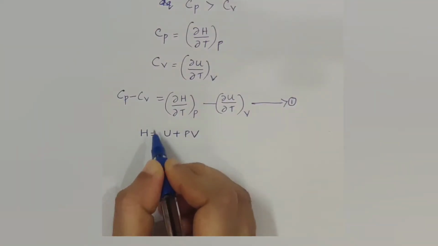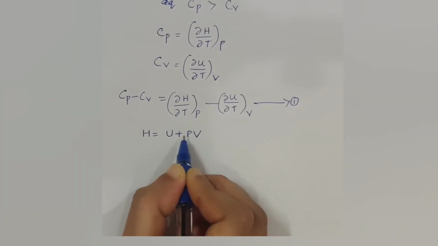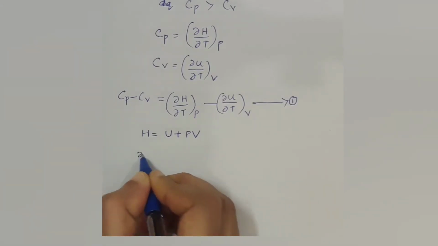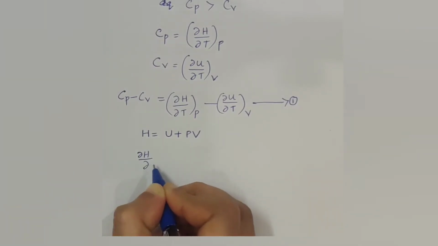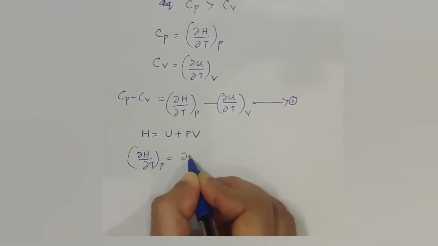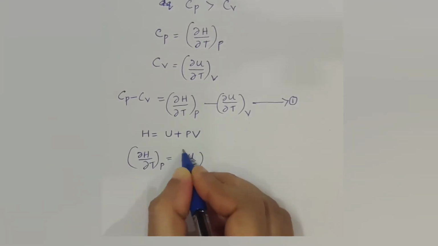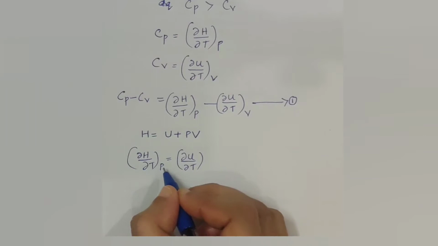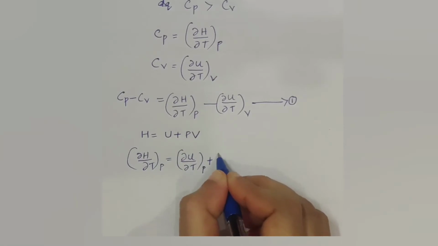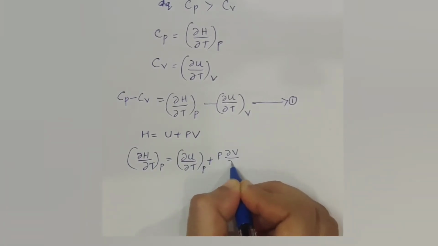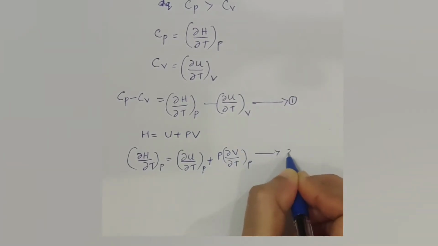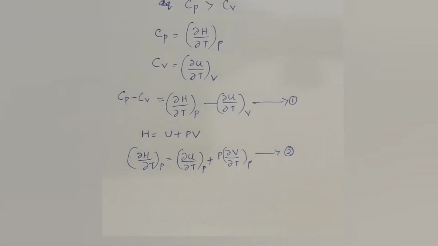Differentiating this with respect to temperature at constant pressure, dou H by dou T at constant pressure is equal to dou U by dou T at constant pressure, plus pressure, which is constant, taken outside, dou V by dou T at constant pressure. Put it as equation number 2.